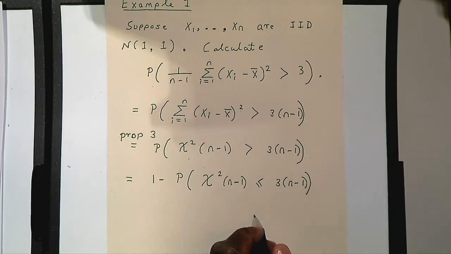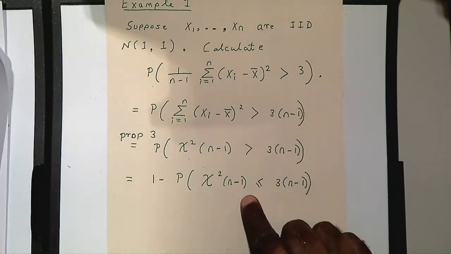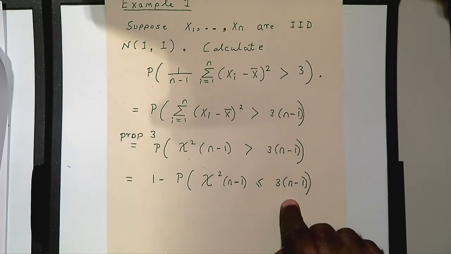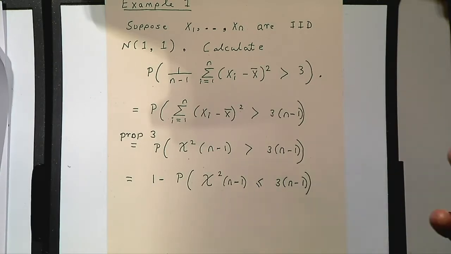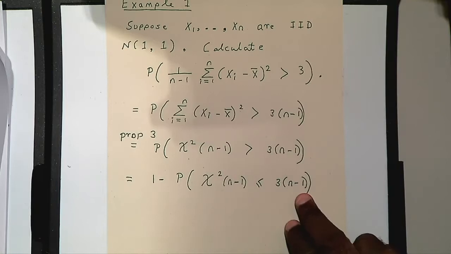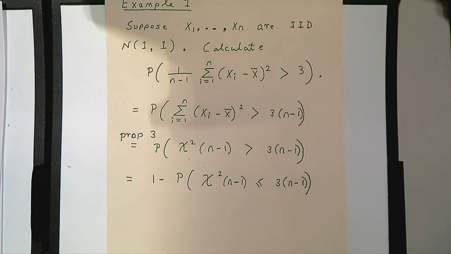Without n, you need to leave it like this because you can't compute it. But if you know n, say for example n is 5, you can read this probability off the table, okay? So that's the example. It's not a difficult example, is it?